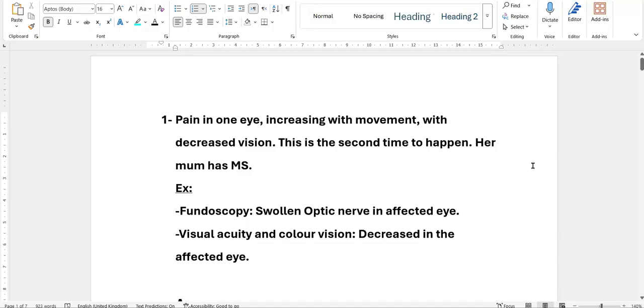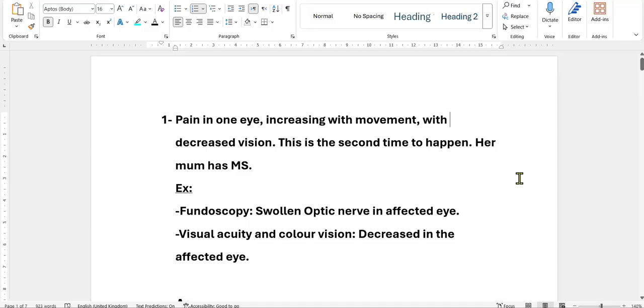Dr. Ahmed, how do you feel about it? I don't remember the management of optic neuritis. Okay, our focus is not on the management, okay? The diagnosis, yeah, the diagnosis, all right? But just bear in mind, any patient who has acute loss of vision, you have to refer to the emergency eye clinic.